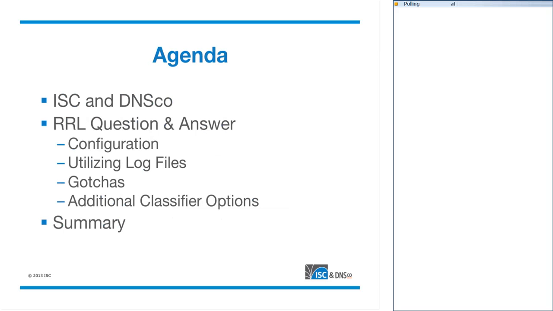And we'll have a much more in-depth technical look at how you would deploy RRL. So in doing that, we'll also be talking about things like how you would utilize logging with RRL, things you should think about when you're contemplating deploying RRL, and then we'll talk about additional work that we're doing for RRL.